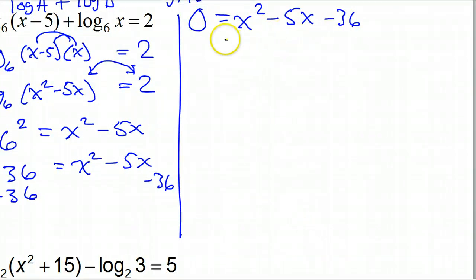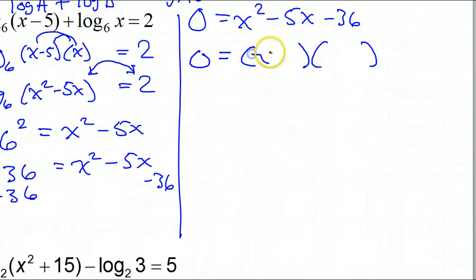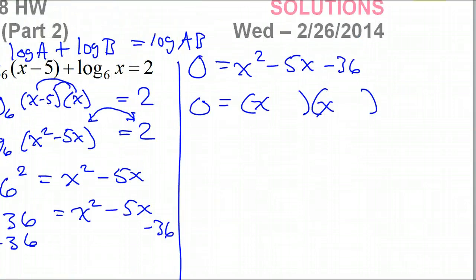All right, we need to factor this or use the quadratic formula. X squared can only be x times x. Now 36 can be several things. The first thing I think of is 6 times 6 is 36. But it also could be 4 times 9.